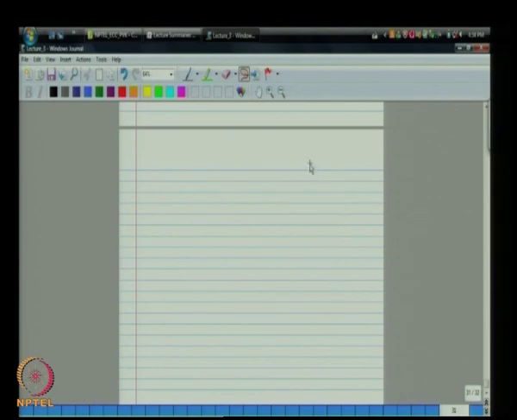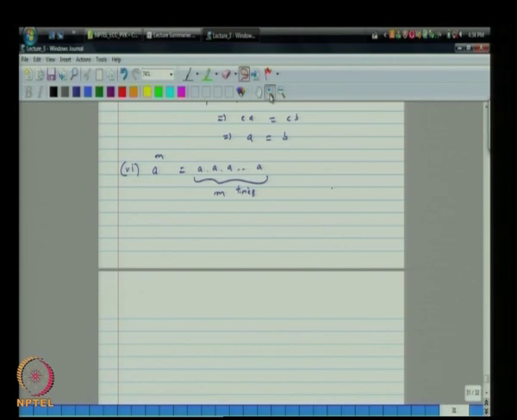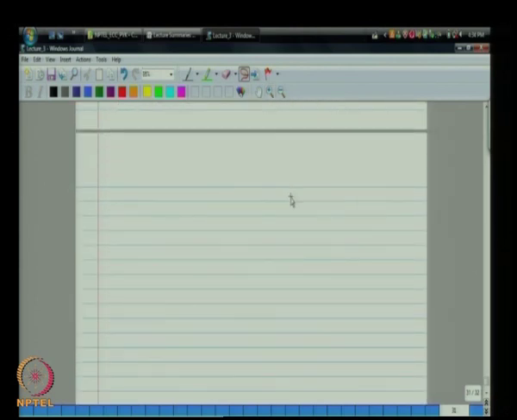So, I will title this lecture subgroups and equivalence relations.